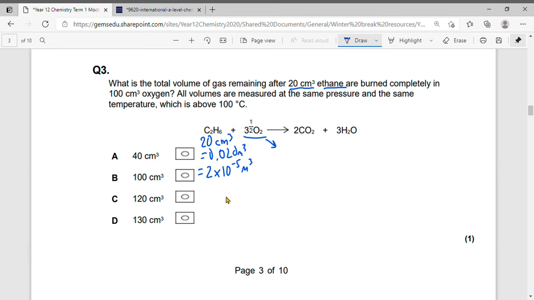And this one is 1 times 10 power negative 4 meters cubed. All volumes are measured at the same pressure and the same temperature.